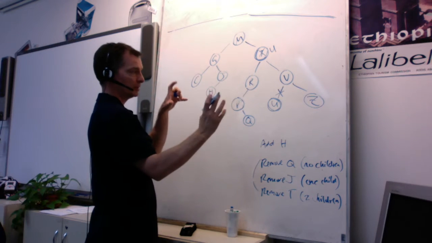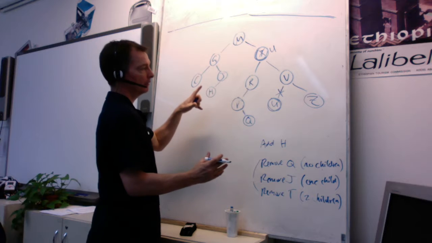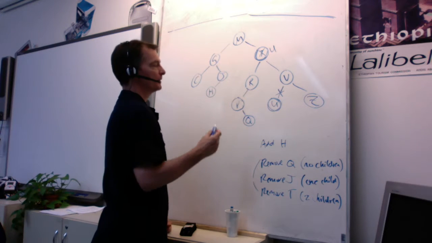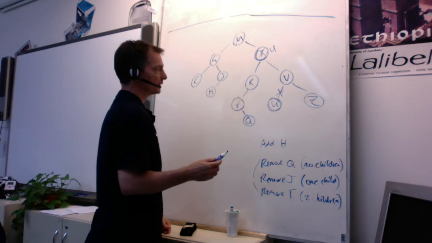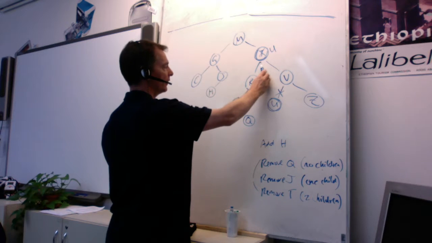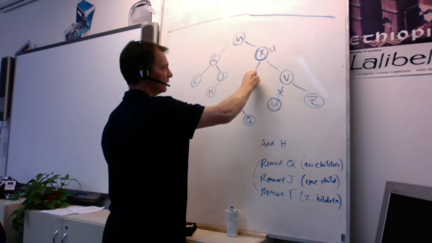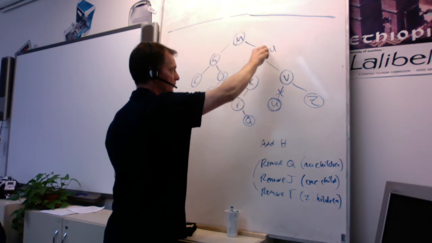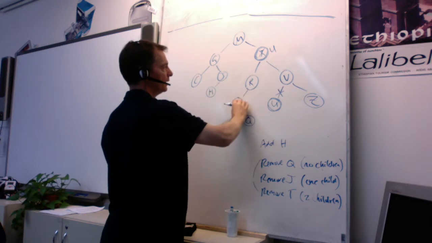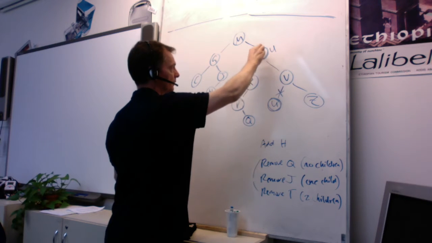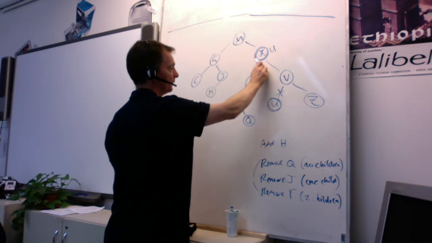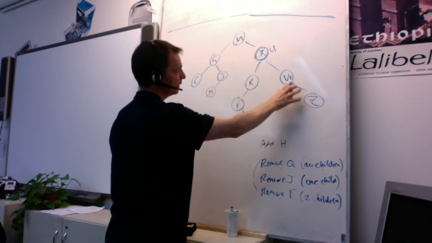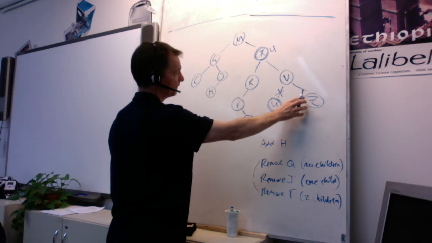So that is the snapshot of what you would do. Just a quick explanation of why it works. If you think about it, everything from this node, everything over here is less than this node. And everything over here is greater than.